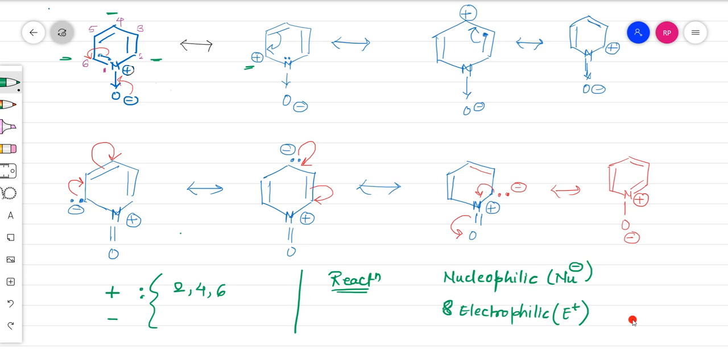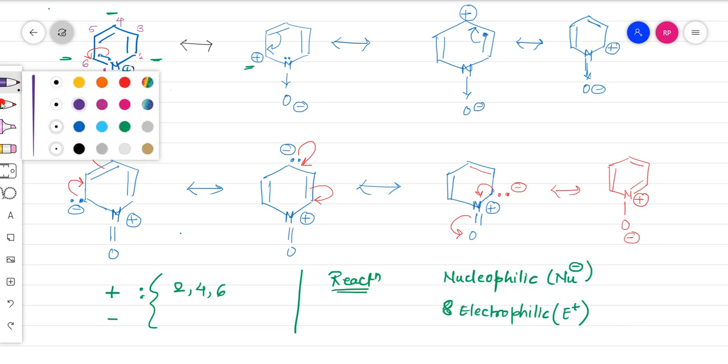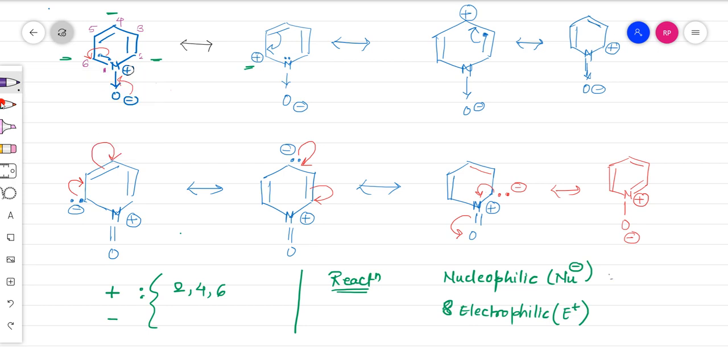Nucleophilic substitution: negative charge is going to attack on which atom? Nucleophilic means what? Nucleophile attacks on positive charge.